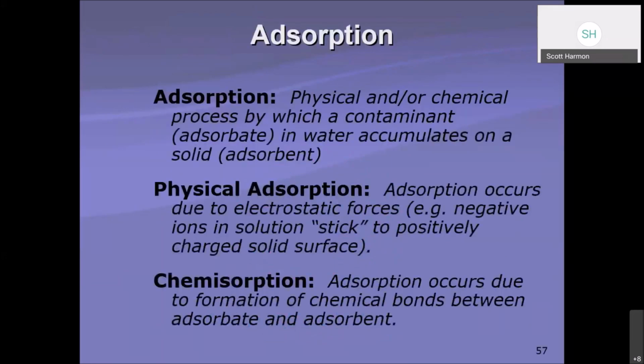Adsorption is a physical or chemical process by which the contaminant, or the adsorbate, in water accumulates on a solid, the adsorbent. A lot of people get adsorption confused with absorption. Absorption is AB, adsorption is AD, right?